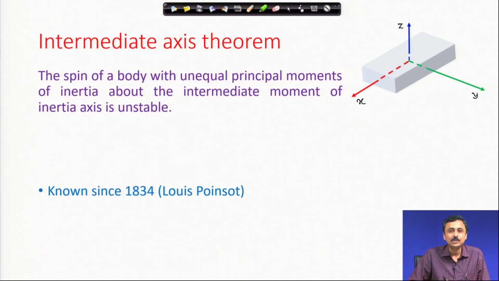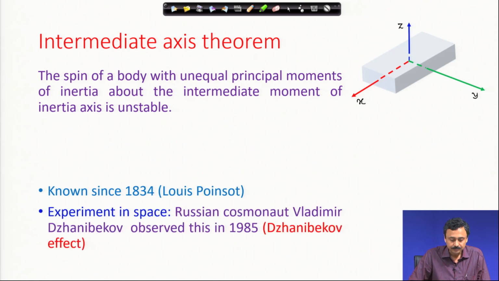Now, this theorem was known since 1834. Louis Poinsot, in his book, studied rotation of bodies and proposed this theorem. Later on, in 1985, experiments in space revealed that this motion of the body shows very interesting behavior in terms of its spin or its motion, when you give spin to a body with unequal principal moments of inertia.